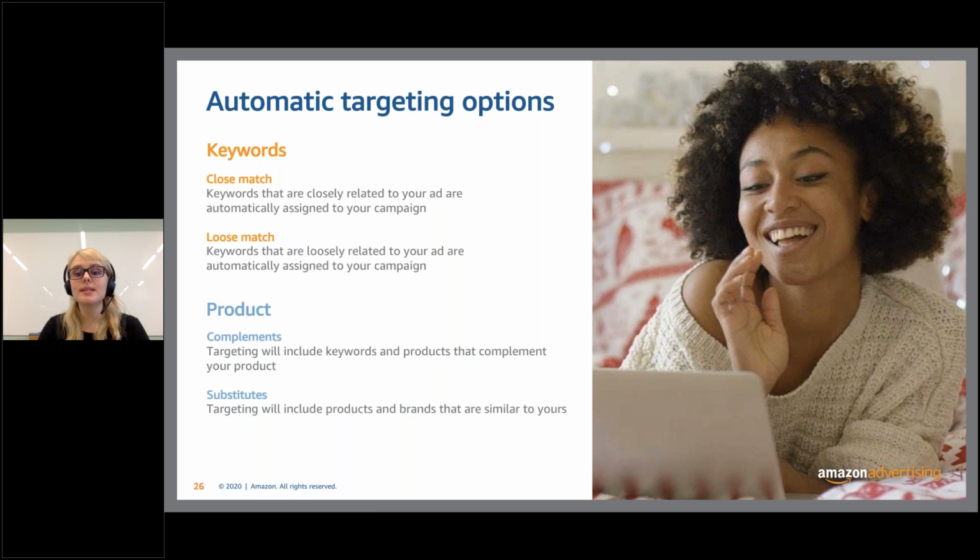And then when it comes to substitutes, automatic targeting will include products and brands that are similar to yours so that your ad may be shown to shoppers who visit the detail pages of products that are similar to yours. And then finally, with complements, automatic targeting will include keywords and products that complement your ad. So we may show your ad to shoppers who view the detail pages of products that complement your product.